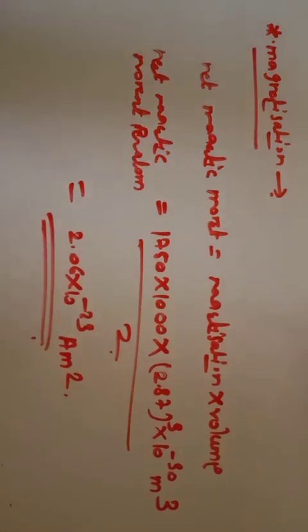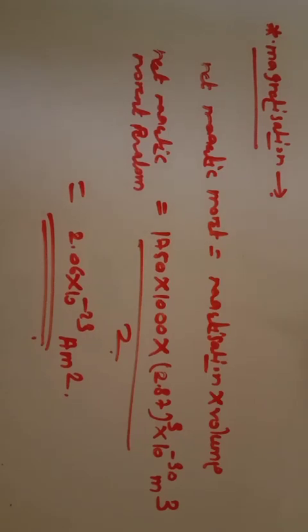You should remember, whenever a problem is given, first you have to think about the unit. Whatever the value is given, either saturation magnetization or magnetic moment, first convert the unit, because the unit conversion is very important, and then we can easily solve this numerical and find out the net magnetic moment per atom.